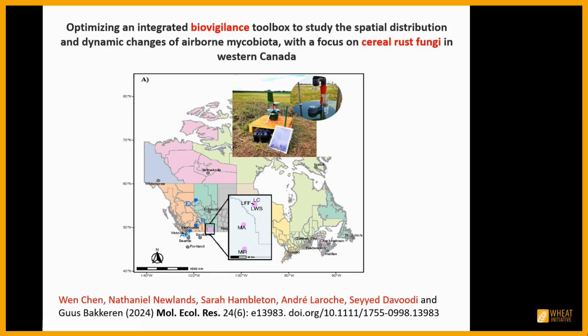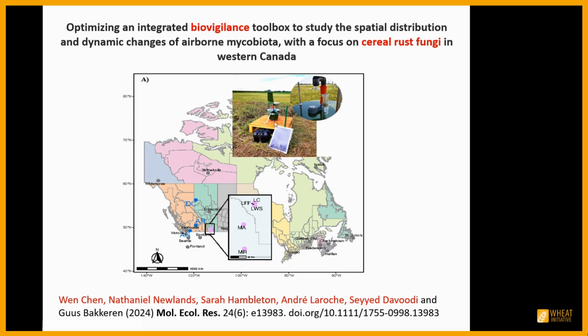So the idea then is, when we have some interesting and reliable assays, that we could use them in a kind of biovigilance approach. Over the last 6 years, we did a study, which was just published recently, where we had a few spore samplers in different places in British Columbia and Alberta, the southwest corner of Canada.